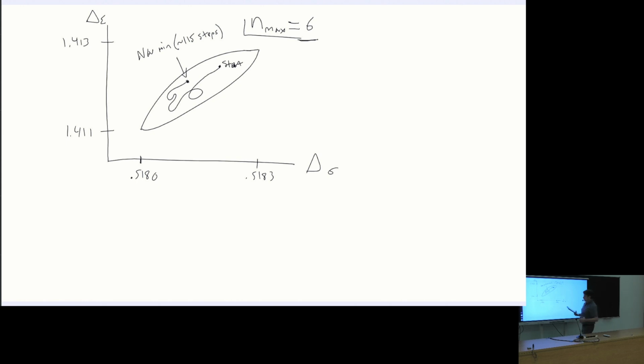Once you find an allowed point, you can go further and try to map out the space of the island using this navigator search. In particular, you can define a navigator function which lets you either maximize or minimize delta sigma, where you're trying to find the tips of this island.